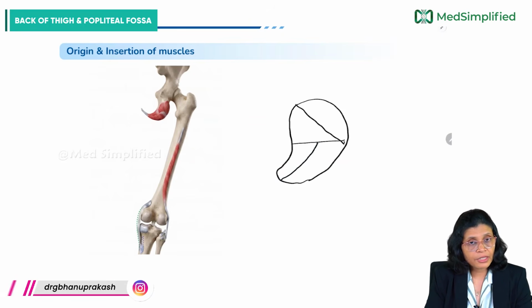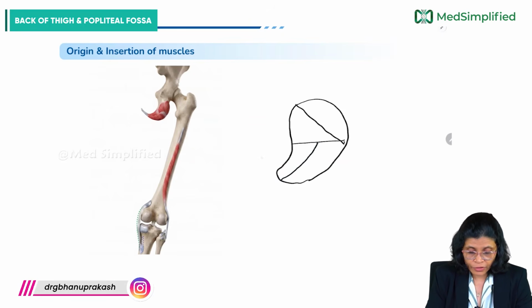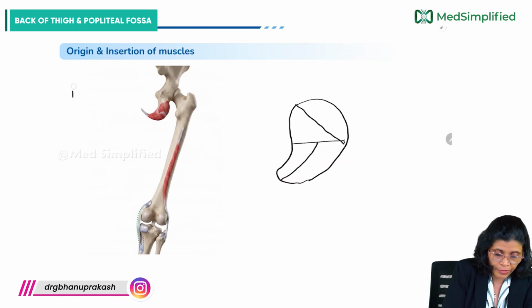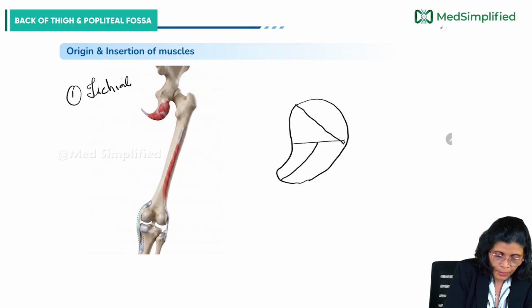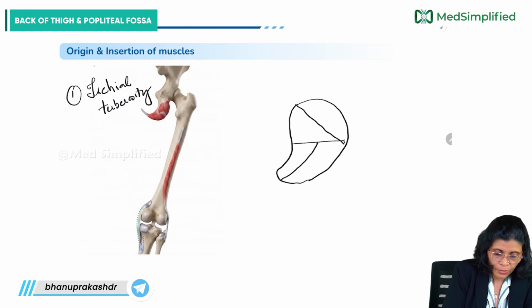All these hamstring muscles should have the origin from the ischial tuberosity. That is the first point.